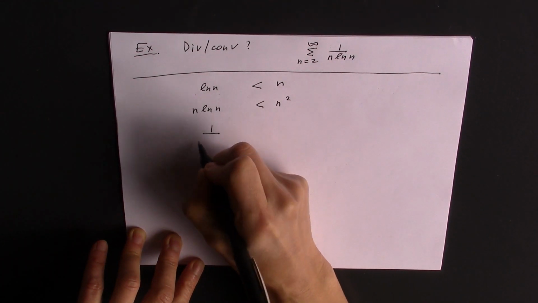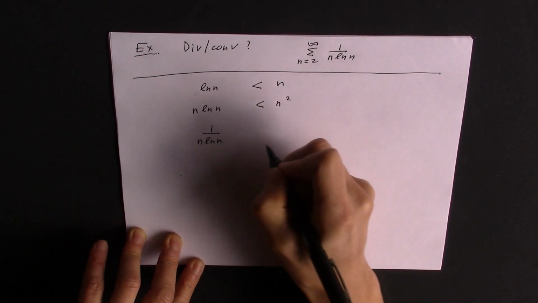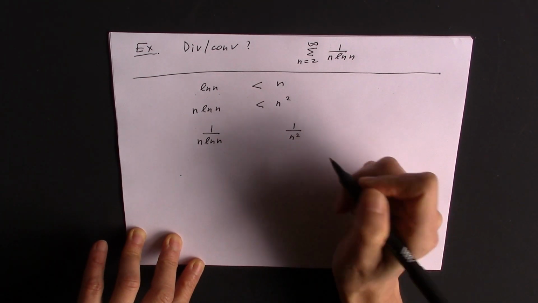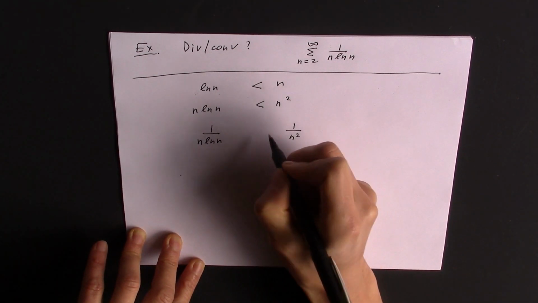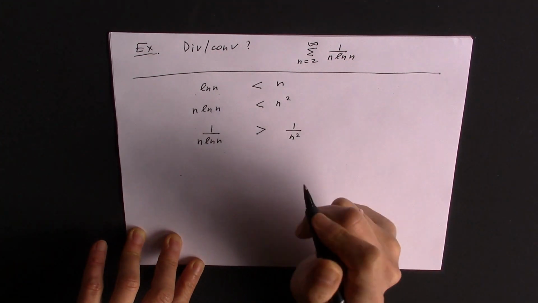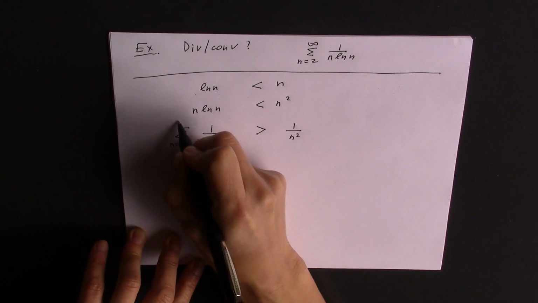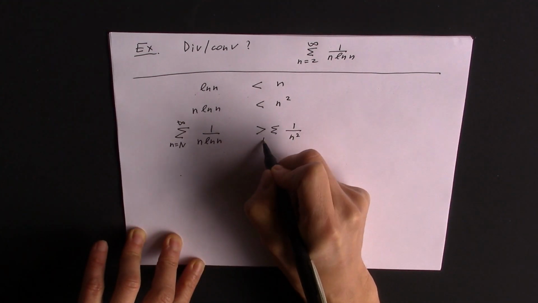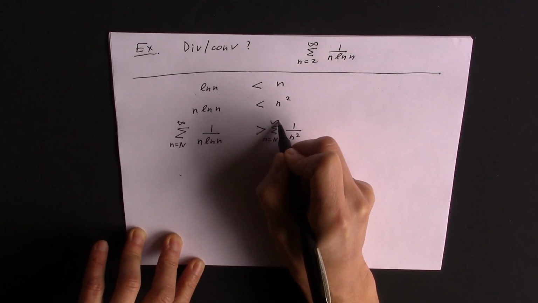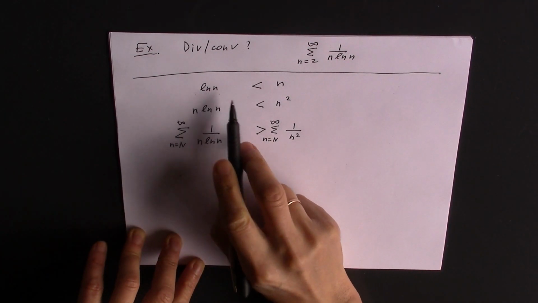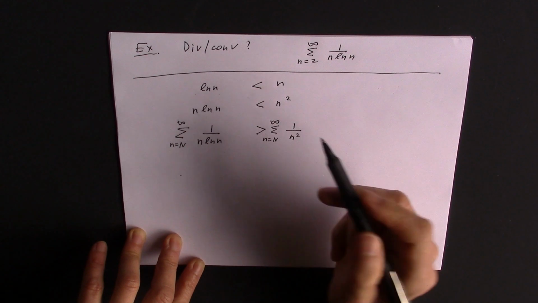So now I'm going to divide. I'm dividing by a bigger number, I'm going to get a smaller fraction. So again, for big, huge n, ln n is less than n.